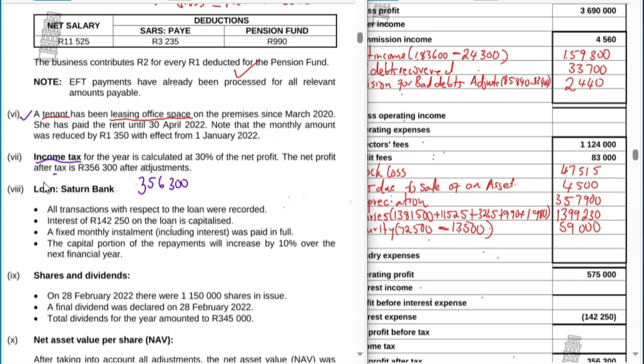This is very important. After tax means after the income tax, which is 30%, has been deducted.